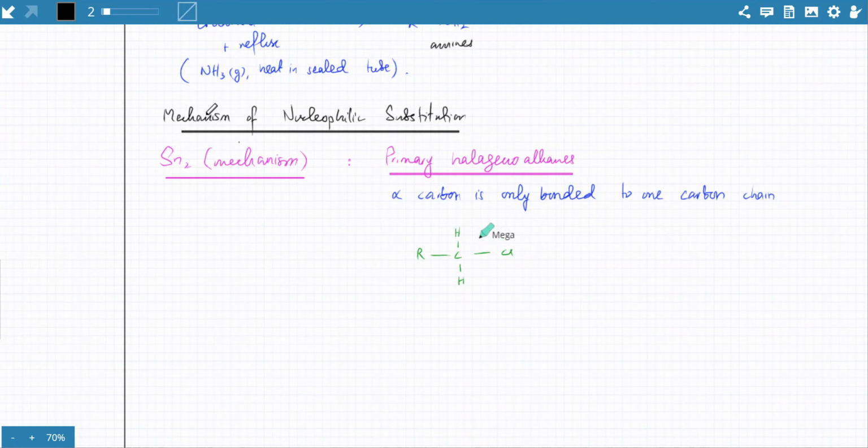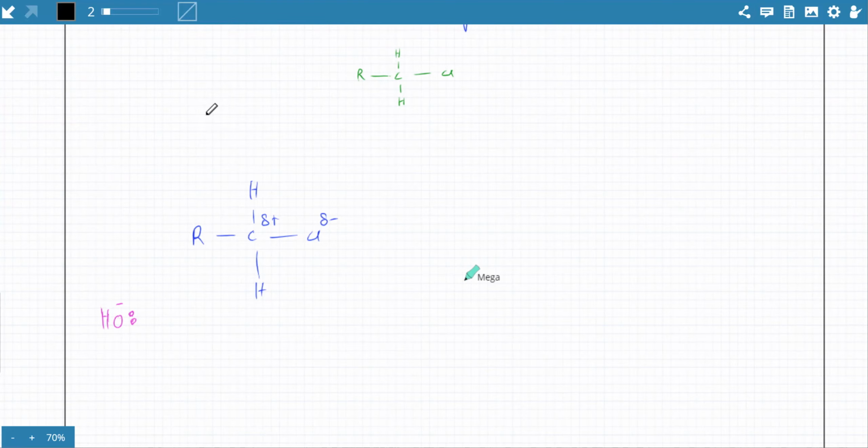So there is polarity, and at the same time you have a nucleophile that you've introduced into the system. You have an OH minus. Now the middle carbon is partial positive. You already know why it's partial positive, because Cl is highly electronegative.